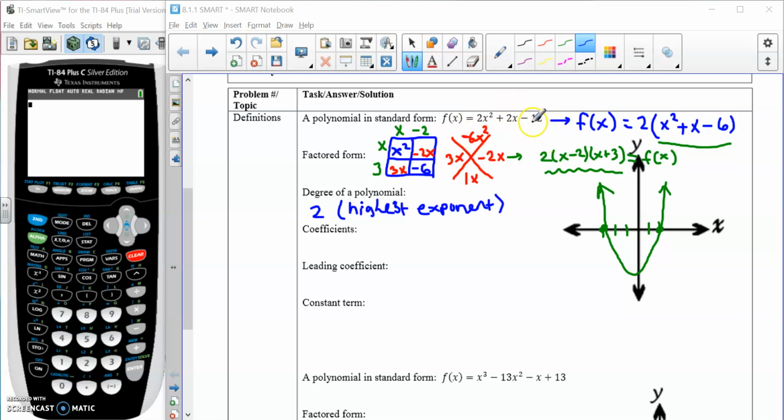This number on the end is a different vocab term, so that one is not a coefficient. So for us, our coefficients are 2 and then 2. They're not always going to be the same, so just keep in mind that they're only both 2 because both of these happen to have a 2 in front of them. And we can say here, just take a note, that these are the numbers attached to our variables.